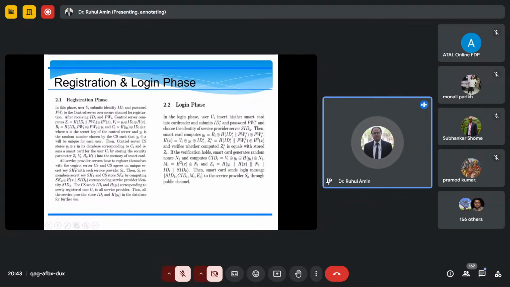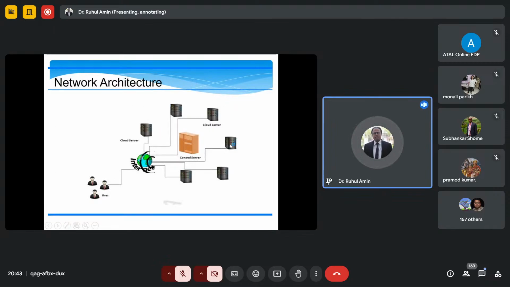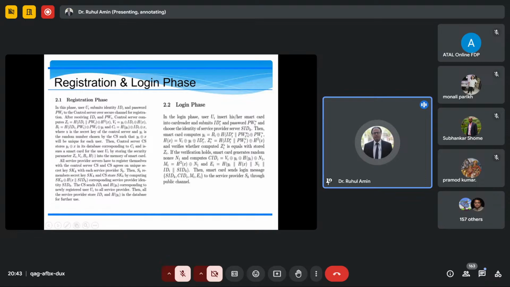After the registration of the service provider server, if the user wants to log into the system, the user will submit information like identity and password, and then he has to choose which server he wants to access, out of all these servers. For that he has to choose the identity SIDK.